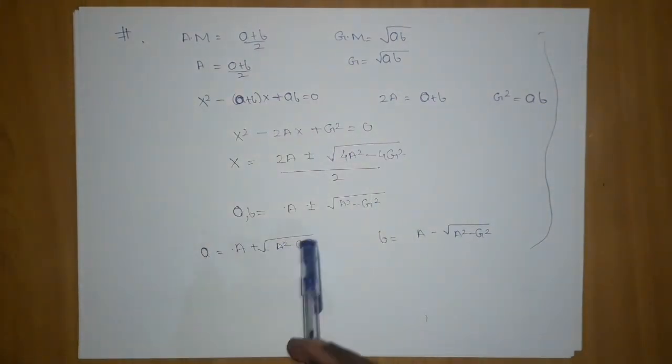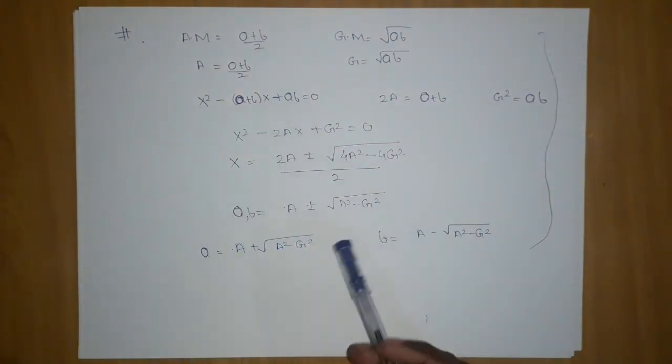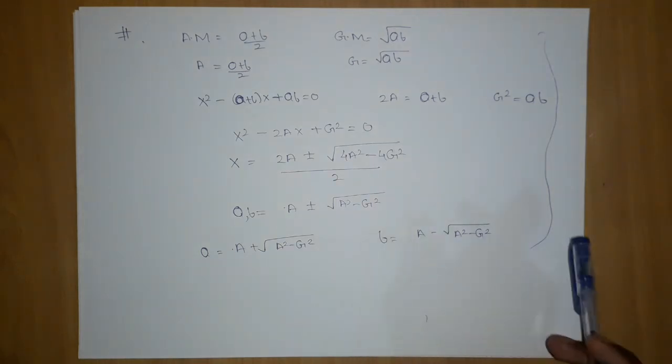I have taken any a value, A plus under root A square minus G square. You can further simplify it as A plus G, A minus G, doesn't matter. So this was the relation between quadratic and sequence series. If further relations come, I will explain them in the next lectures. Now let's move on to the questions.